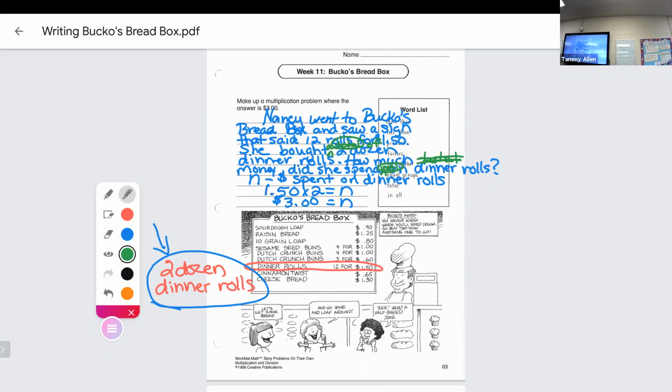And I really think that's about all we can get in from that. Because in this word list, there was nothing from the signage. So because there was nothing from the sign, I would let you circle the fact that you used dinner rolls. A total of right here.